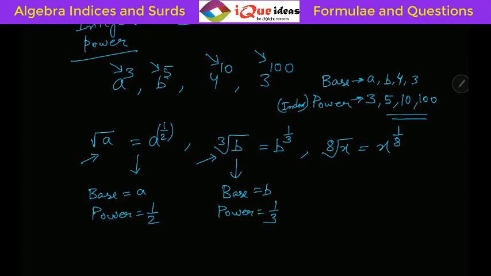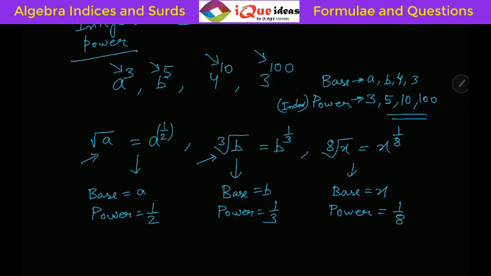So the surds can also be written in terms of roots. Here the base is x and the power is equal to 1 by 8. So these are the fraction powers and hence these expressions are called surds, right? Now there are certain rules which are common to indices and surds because they are related simply to the powers, not related to the value of the power.